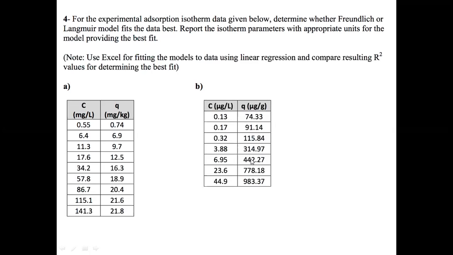And again, the answer is very simple. By plotting the graph, whichever data gives you a straight line will verify that particular model of the adsorption isotherm.